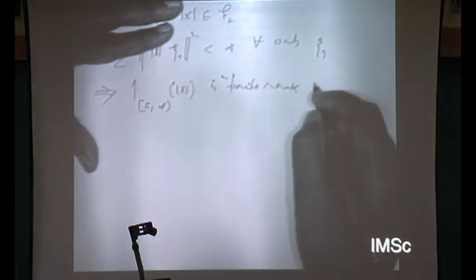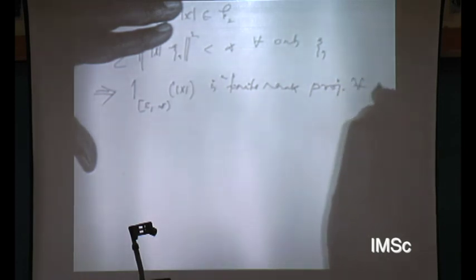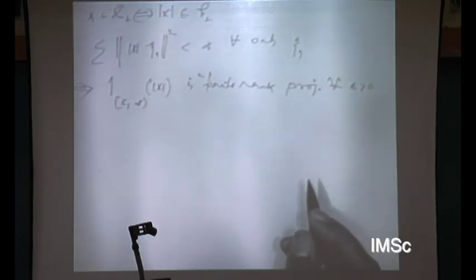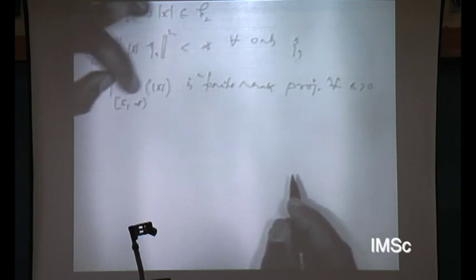This is a finite rank projection for all positive epsilon, strictly positive. What property does this thing have?